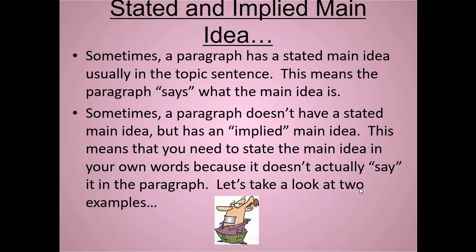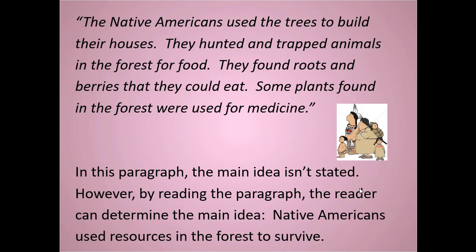Guys, sometimes the topic sentence cannot be easily identified because for some reason the author conveys the idea implicitly. Implicitly means not stated clearly, but you can find it in the text. And what about this? This is going to be the next paragraph we are going to read.